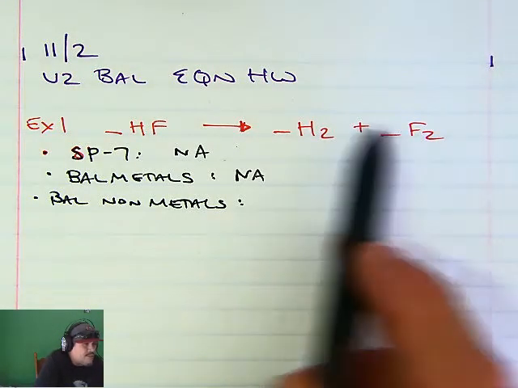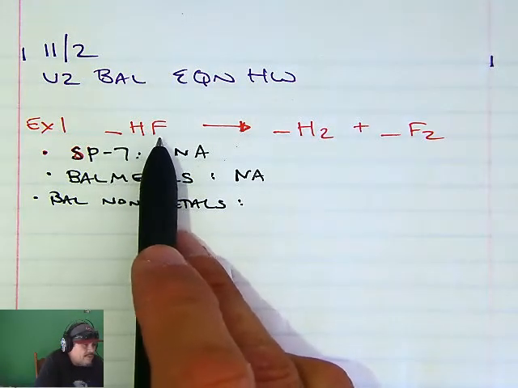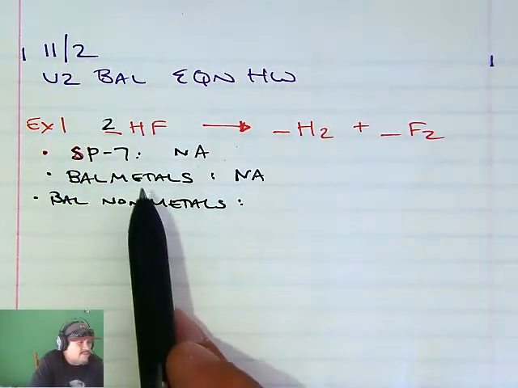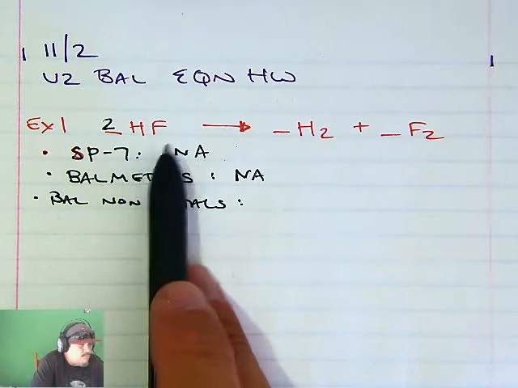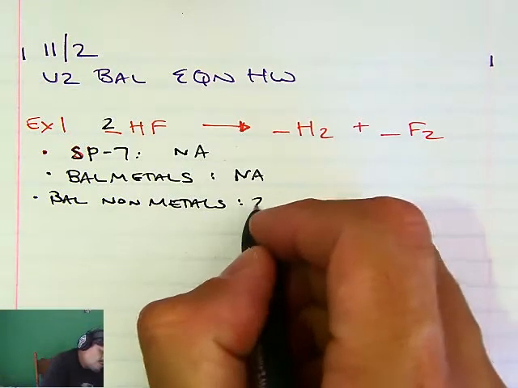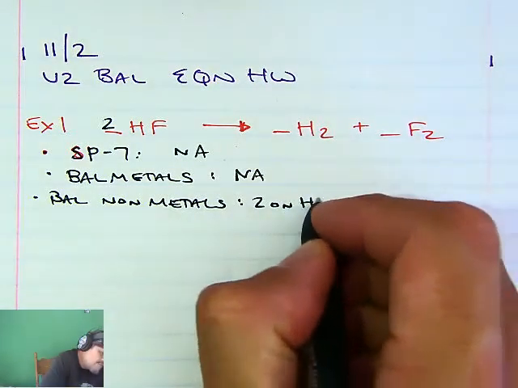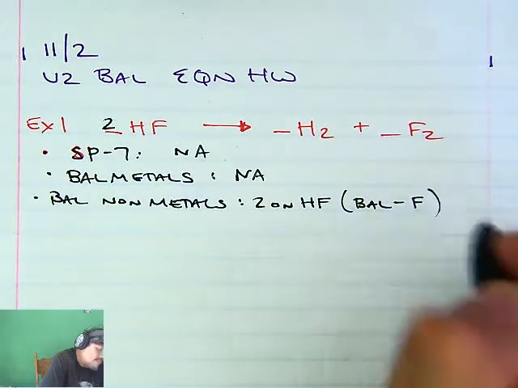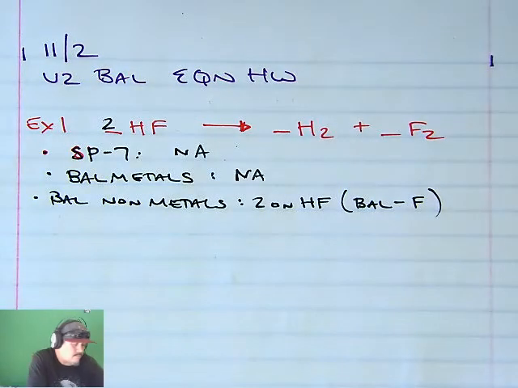There's 2 fluorines here, 1 fluorine right there, so I'm going to add to this side. If I put a 2 there, that gives me a simple solution. 2 fluorines, and then I have 2 fluorines over there, so that balances fluorine. So I'm going to write here 2 on HF, and the effect that has is that it balances fluorine.